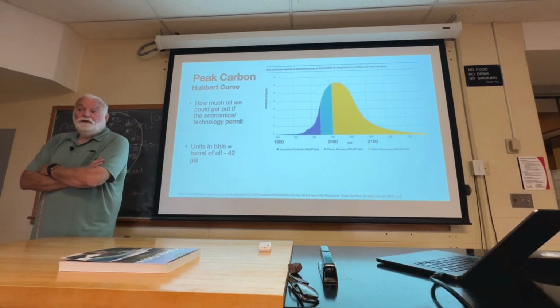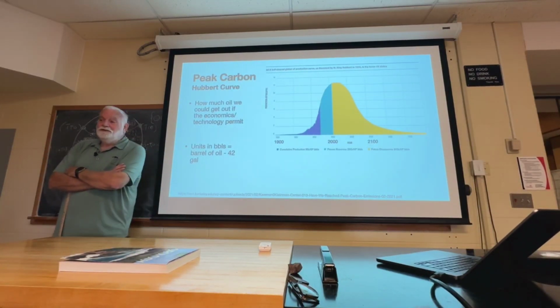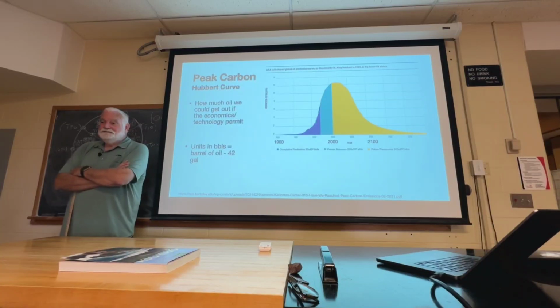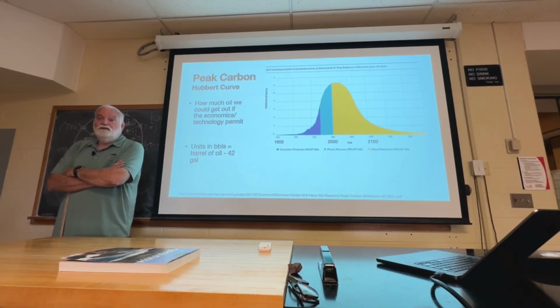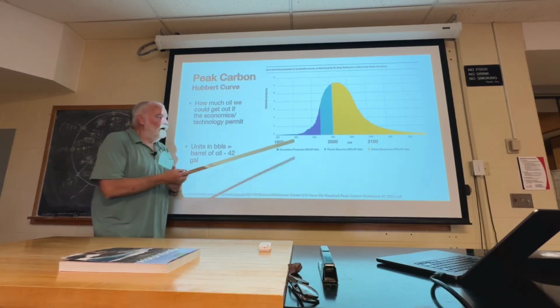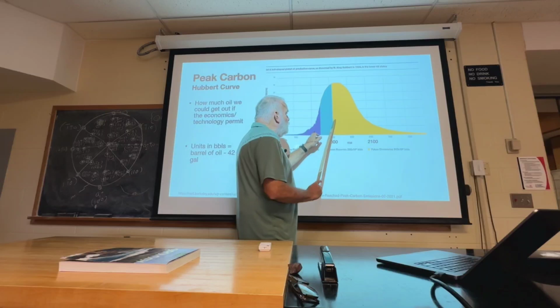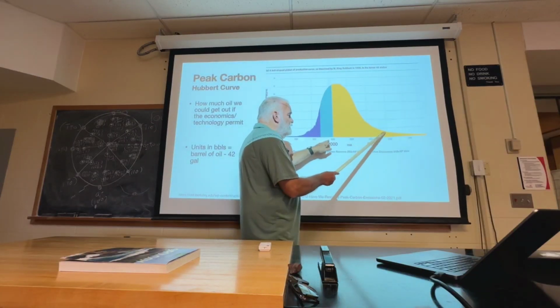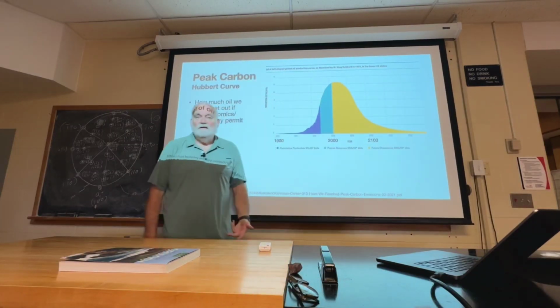If there's no more oil to be produced, what are we going to use for an energy source? The ramification is we can't use that, so we're going to have to use something else. To the extent that this is right, if society wants to continue using energy, we've got to find something else.